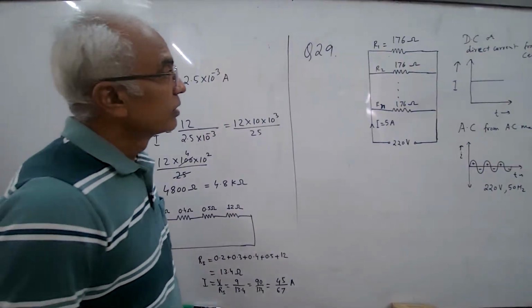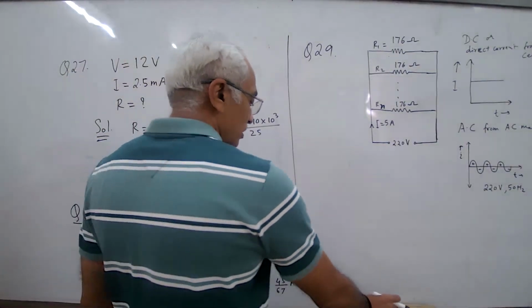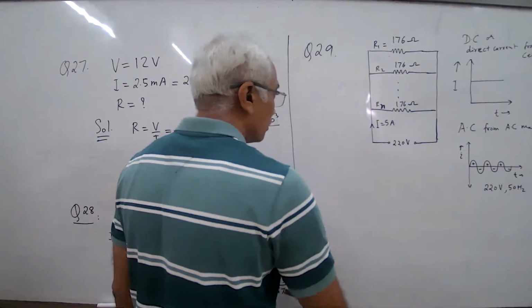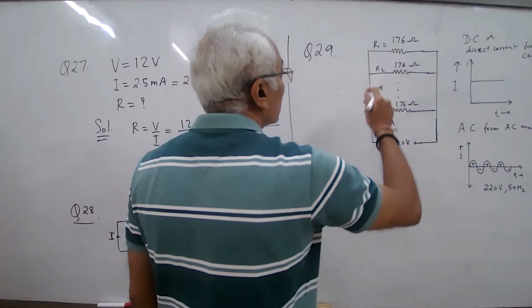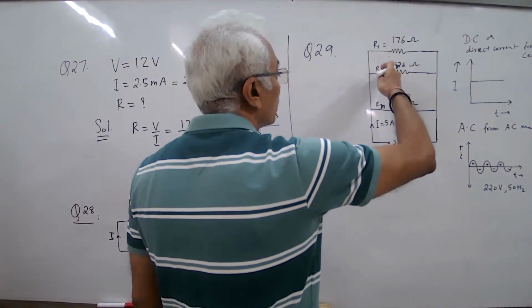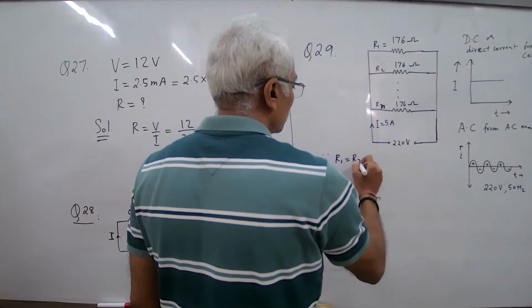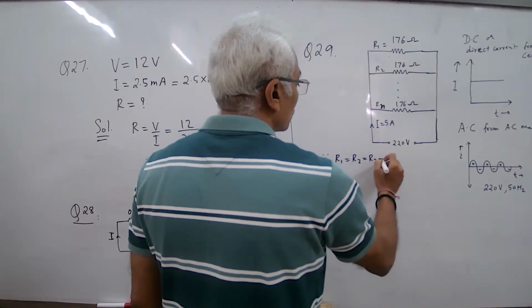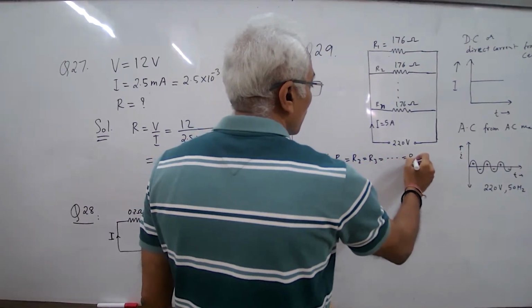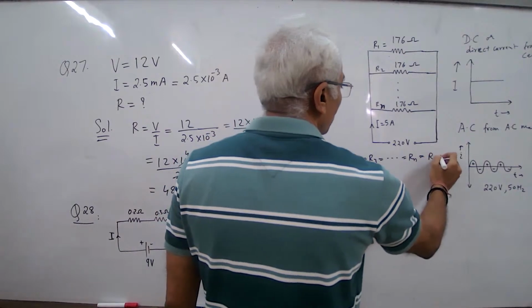Now, what is the parallel resistance for R1, R2, up to Rn, all equal to R, say?